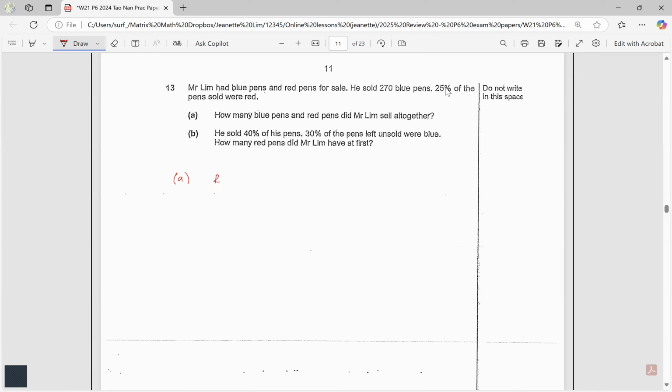So the number of red pens sold to the number of blue pens sold would be 25 to 75, which is 1 to 3. The 270 would be the 3 units. So we take 270 divided by 3, which is 90. And this is the rate that's sold.